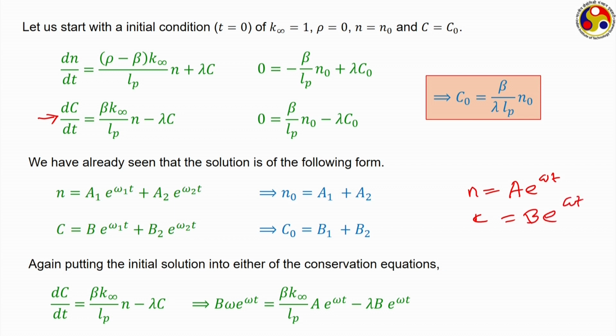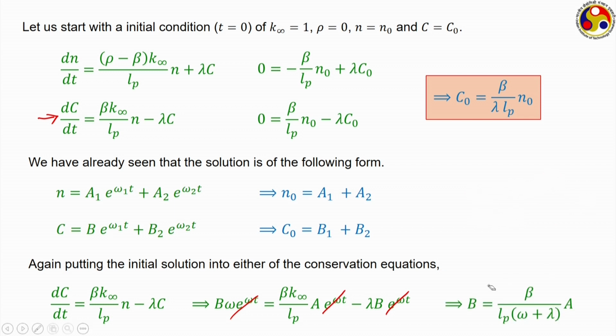Then this is the form that we are arriving at, from where e to the power omega t cancels out, and by rearranging we can say that b is equal to beta upon LP into omega plus lambda, into a.